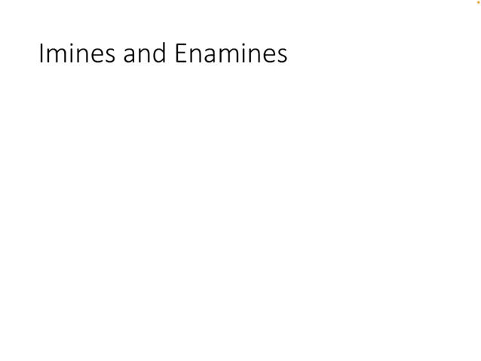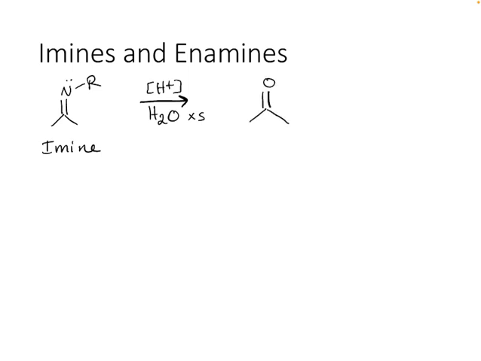So for instance, if you have an imine, you can just add that catalytic acid as well as some excess water. And that's going to give you back your ketone plus your primary amine. Same for enamines.